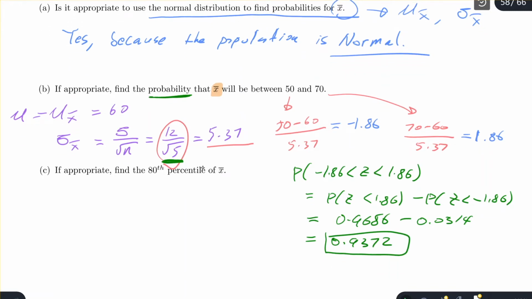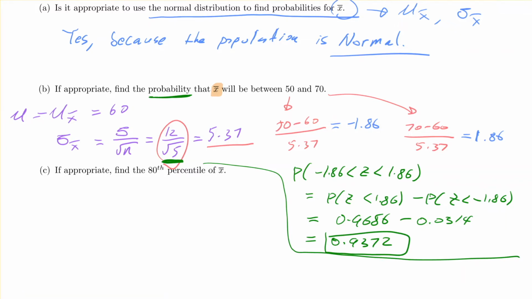Okay, so let me draw a boundary. What does this mean? In terms of interpretation, this means the probability of the mean of a sample of size 5 being between 50 and 70 is 0.9372.